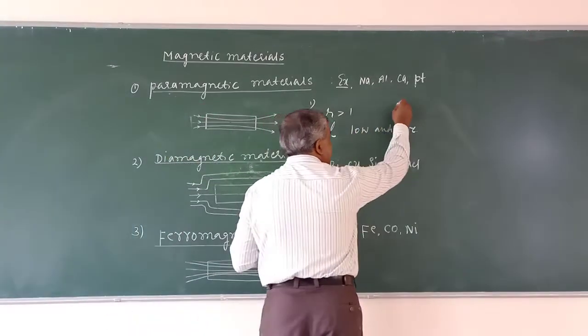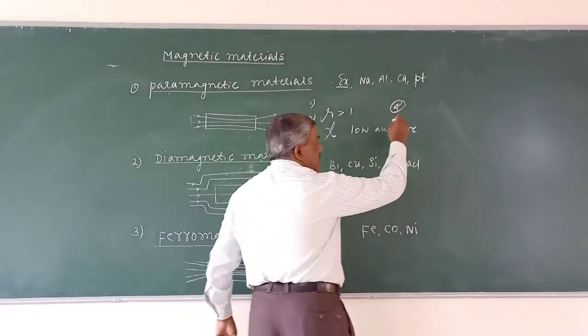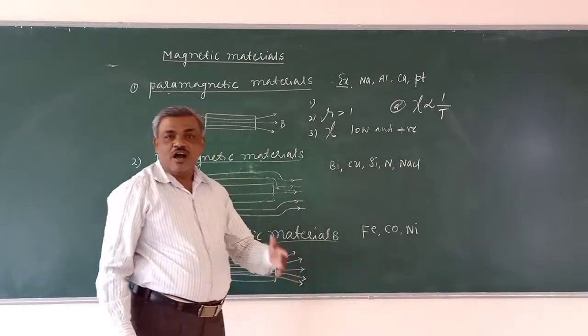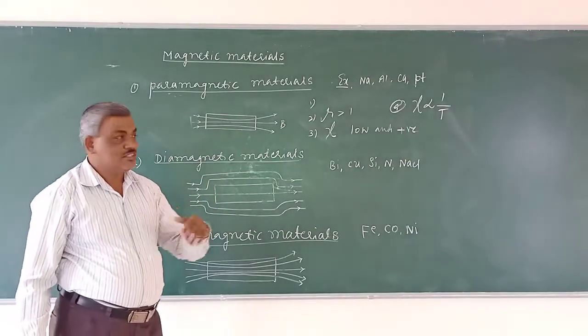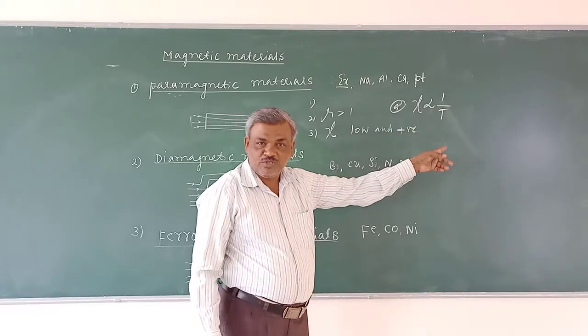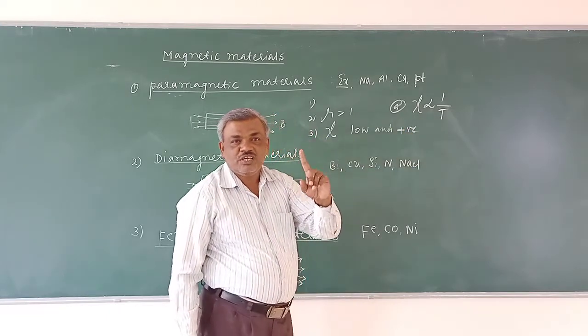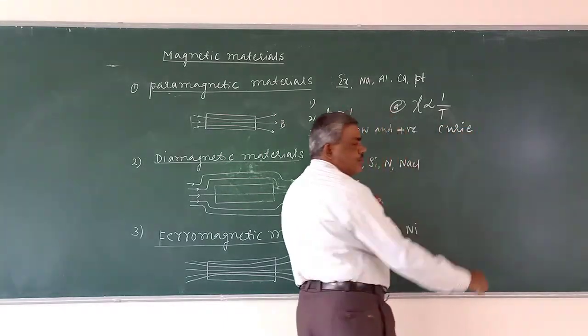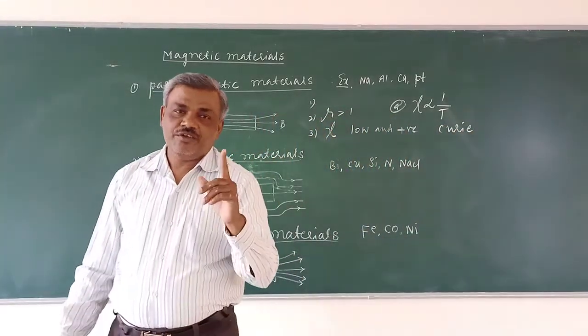And fourth property: the susceptibility of a paramagnetic substance is inversely proportional to absolute temperature. This law is named Curie law, C-U-R-I-E, Curie law.